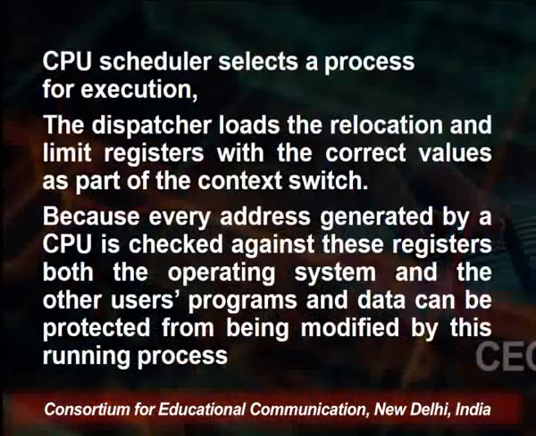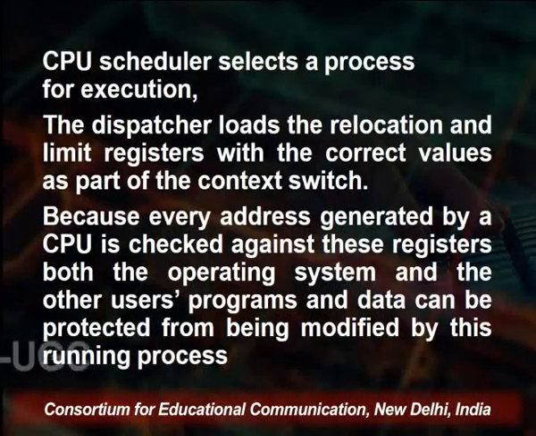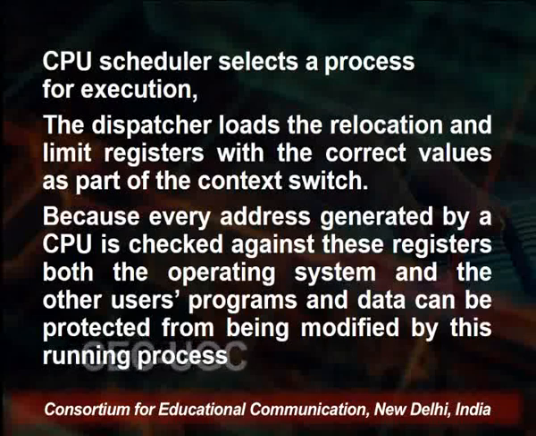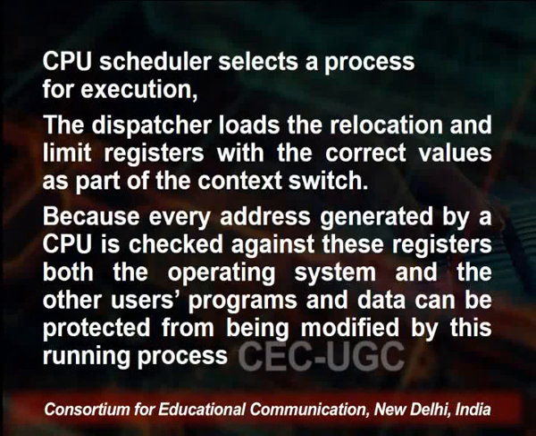What is actually happening here is that your CPU scheduler selects a process for execution from the input queue. Now, whenever the CPU scheduler has selected a process for execution, the dispatcher component loads the relocation and the limit registers with their correct values, and this happens as a part of the context switch.